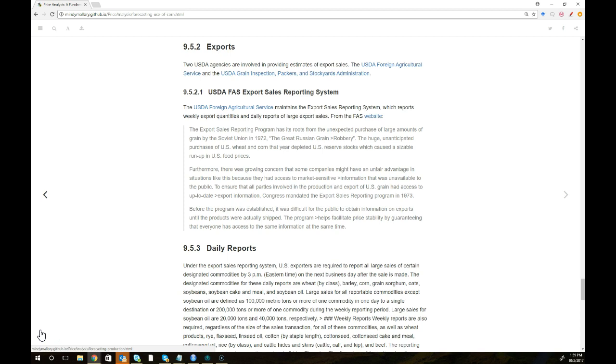So before the program was established, it was hard for the public to get information on export quantities until the product had actually left the port. And this program helps make sure that every market participant and every broad member of the public has information about the size of exports at the same time.